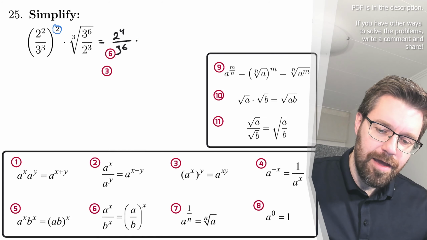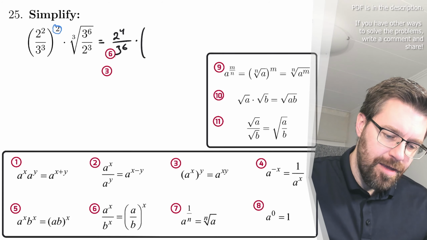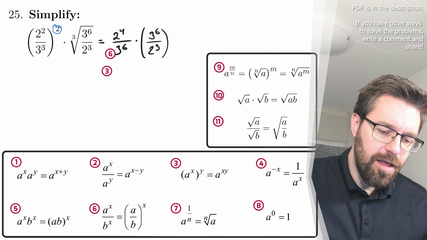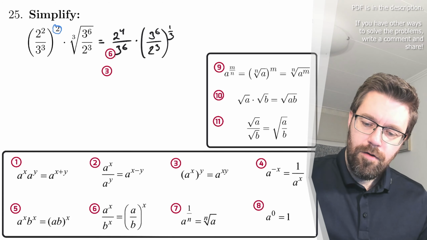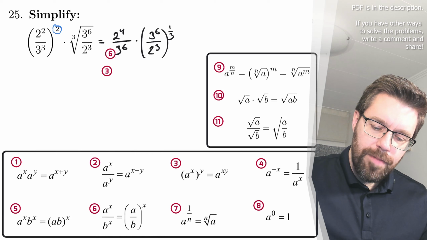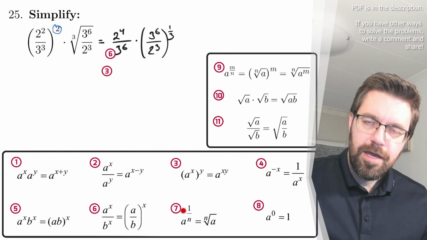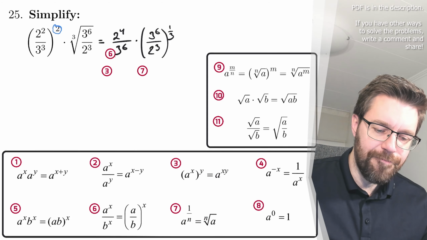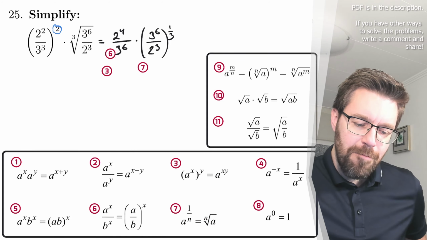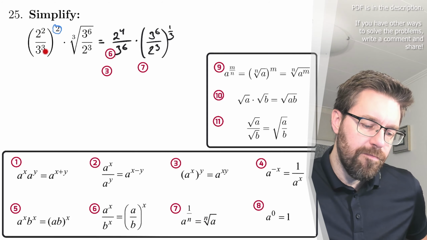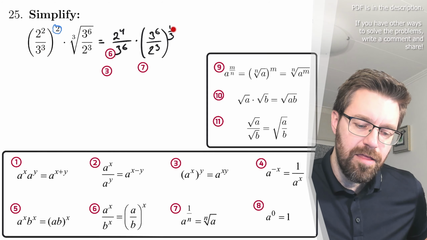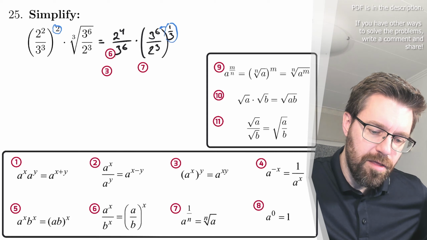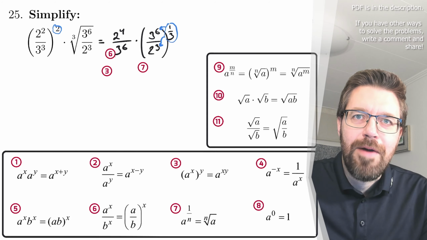So I write it like this. 3 raised by 6 divided by 2 raised by 3, and raised by 1/3. Because the cube root, we can change it with rule number 7 from right to left. And then we can do the same thing as we did here. We can move this exponent into the parentheses and multiply with the exponent that already is in the parentheses.